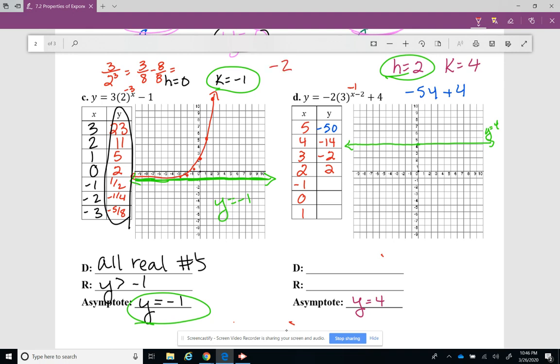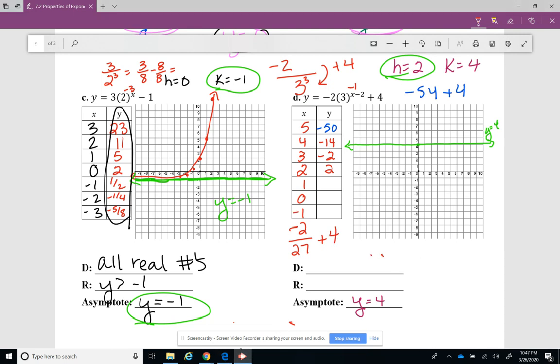So -2 times 3 to the -3 plus 4. Remember, you're going to have to move that down to the denominator. So that's going to be 3 to the 3. We're going to erase this one up top. So that is -2 over 3 times 3 times 3, which is 27, plus 4.